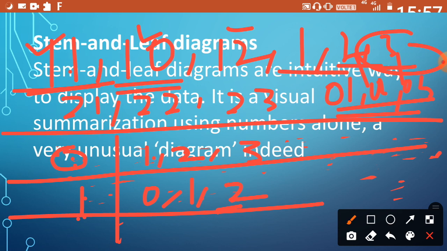Then consider 2. In 2 we have 21, 22, 23. Fine. This is how the stem and leaf diagram works. Isn't it interesting and easy? It might not be interesting, but I find it the easiest one.